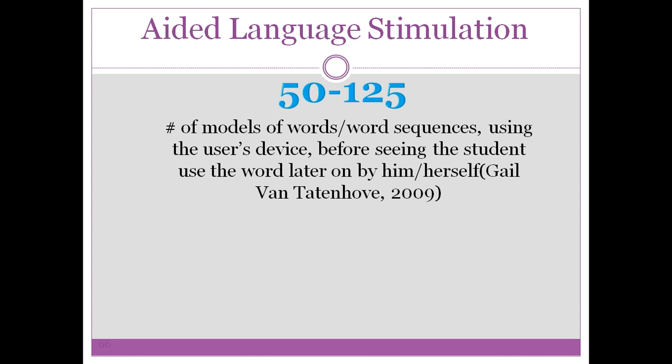One way is speaking with your mouth, and the other is speaking with your hands. So it's going to be harder. If you model on a device, it's much easier for the individual to figure out what you're trying to get them to say.